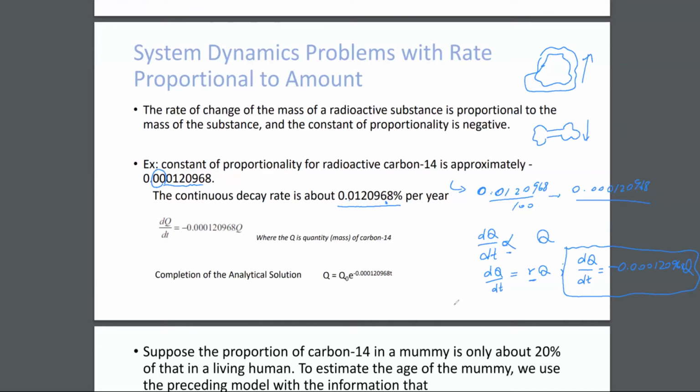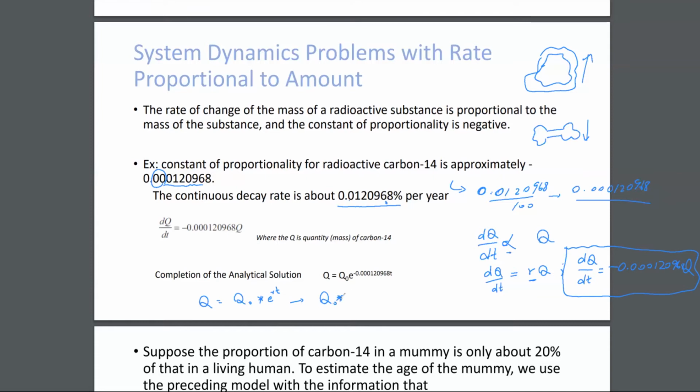So what is the equation for that is any quantity will be equal to initial quantity multiplied by e to the power RT. In this case, the initial quantity is Q0. I don't know that. We have to know that to calculate the age of the bone.